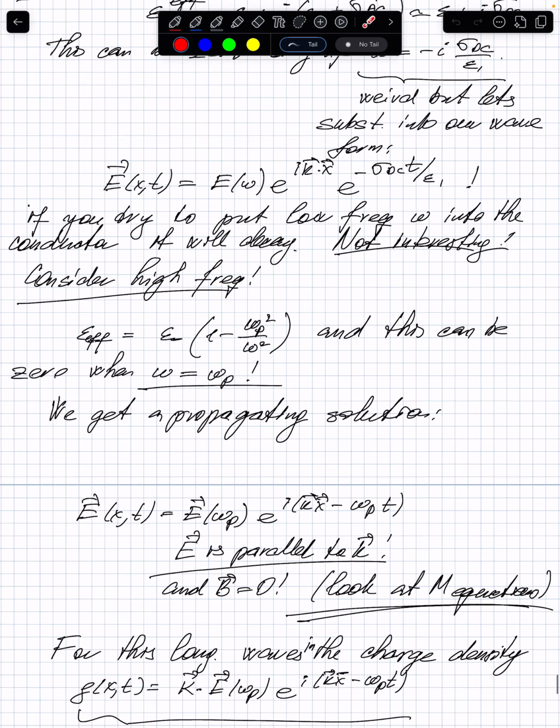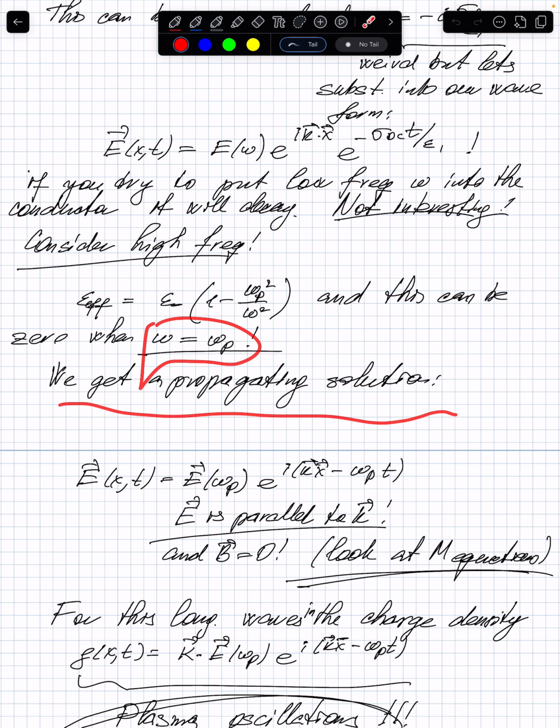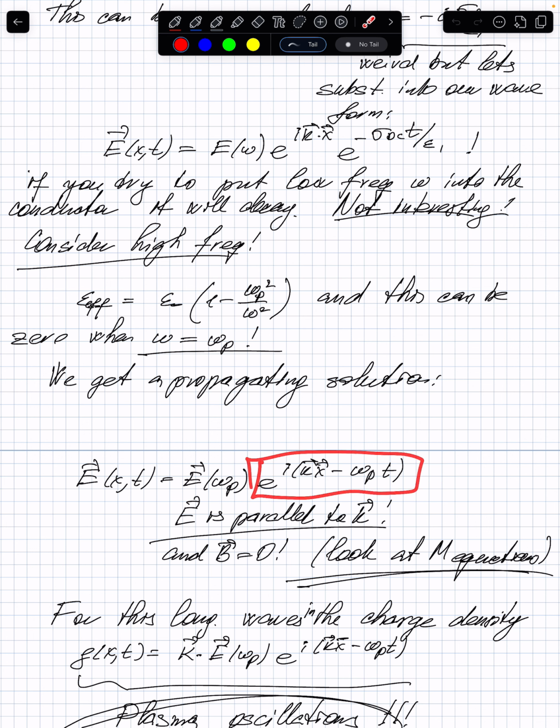In this case, we will get a propagating solution. We just take this frequency and substitute it into our equation, and we get the perfect propagating solution shown over here. What's interesting is that in this case E will be parallel to k.